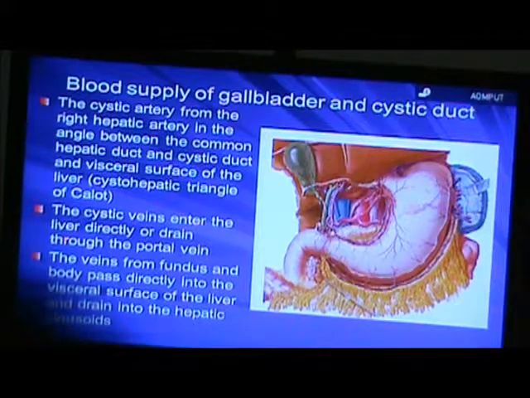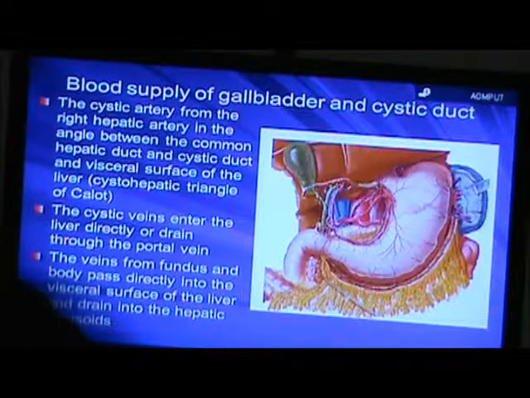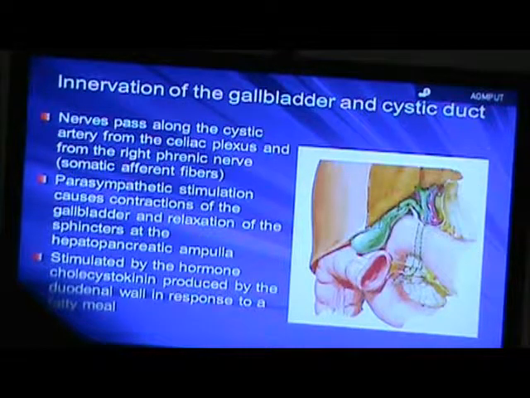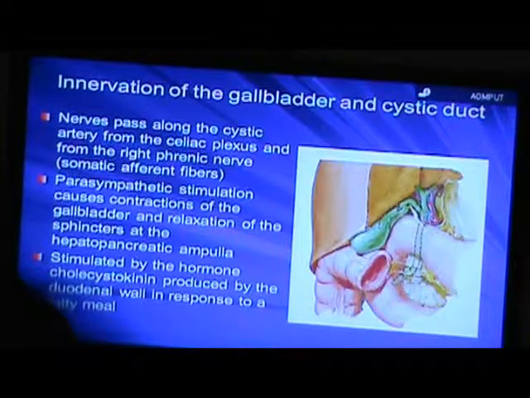The cystic veins enter the liver directly or drain through the portal vein. The veins from the fundus and the body pass directly into the visceral surface of the liver and drain into the hepatic sinusoids. The innervation of the gallbladder is by nerves from the celiac plexus and from the right phrenic nerve.